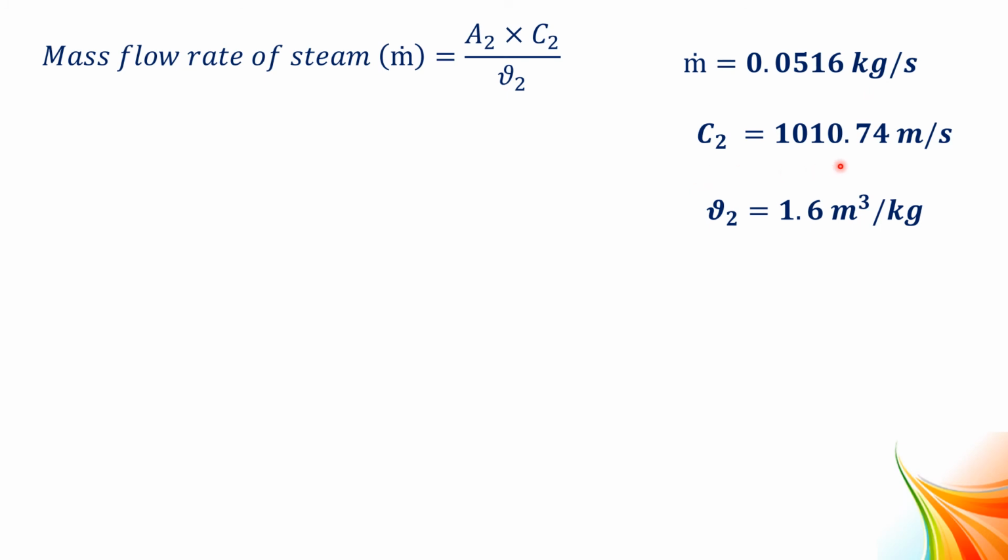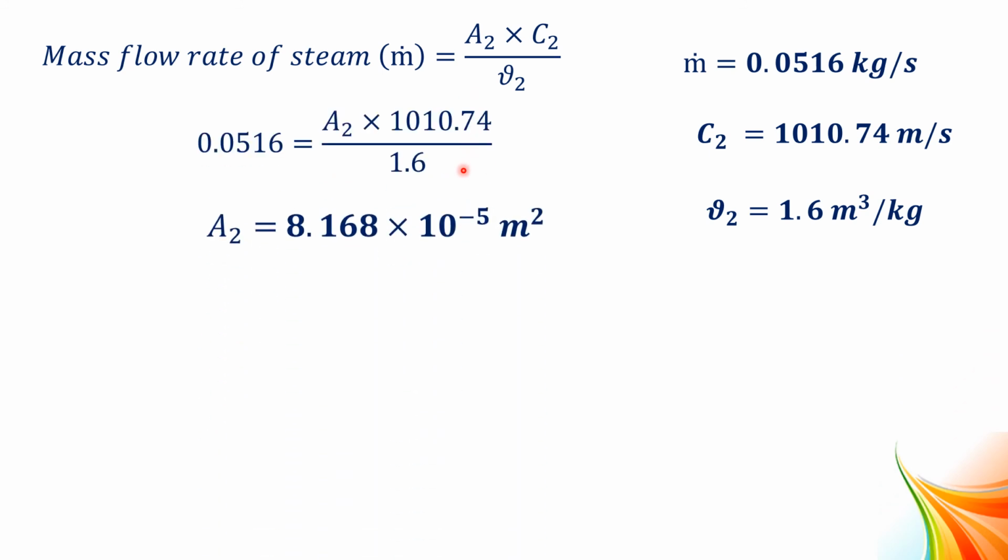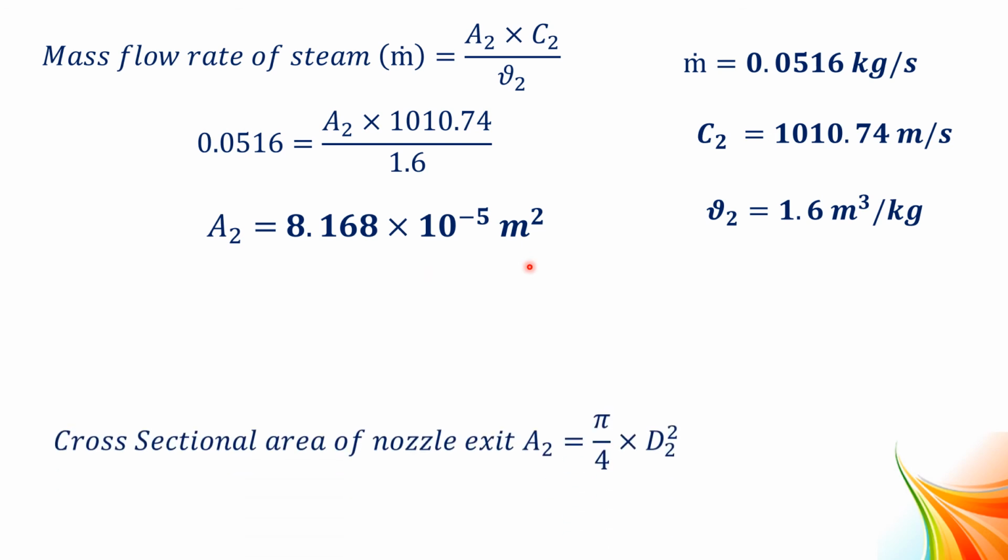C2 equal to 1010.74 meters per second, and specific volume V2 we have taken from the Mollier diagram is 1.6 meter cube per kilogram. Now substituting these values in the mass flow rate equation, we get the exit area A2 equal to 8.168 into 10 to the power minus 5 meter square.